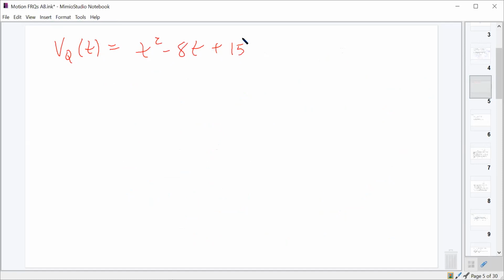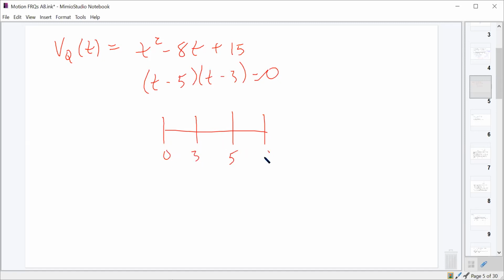We can figure out when that's positive and negative by factoring it: t minus 5, t minus 3. We make a chart with 0, 3, 5, and 8 and test values. Between 0 and 3, something like 1, this is a negative times a negative, which is positive. Between 3 and 5, something like 4, it's a negative and a positive, so that's negative. Between 5 and 8, something like 7, it's a positive and a positive.